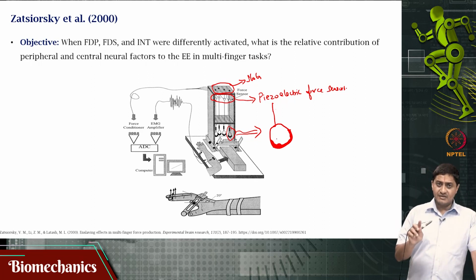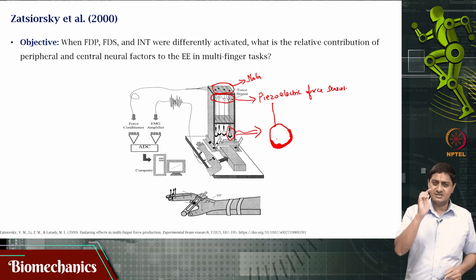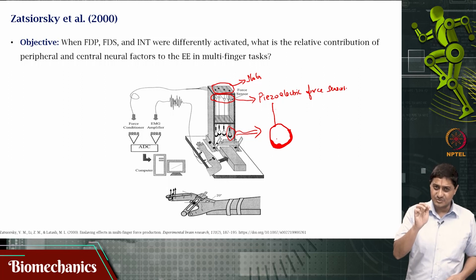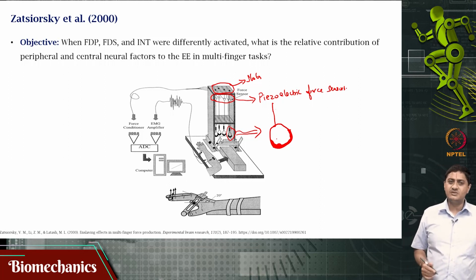Now, if I place my fingers, let us say the fingertips, the distal phalanges, inside these loops, and press hard on these loops such that I am going to pull down this rope, the force that I am using to pull these ropes down will be measured by the force transducers.